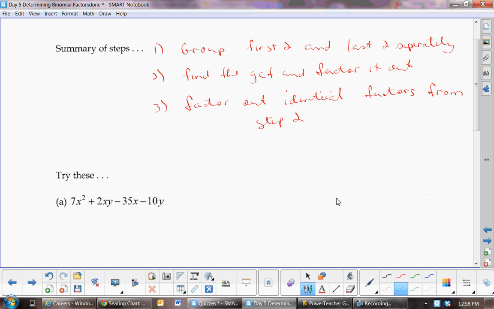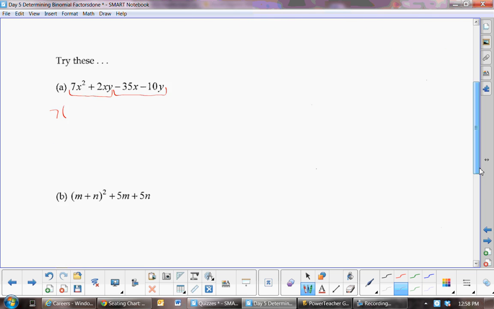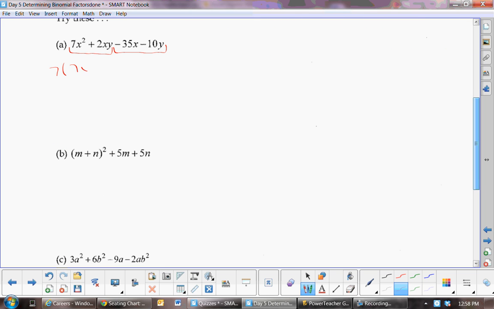Okay, let's keep on doing these. Try this one here, okay? So in the first group, what can we take out? That's it, leaving me with 7x plus 2y.